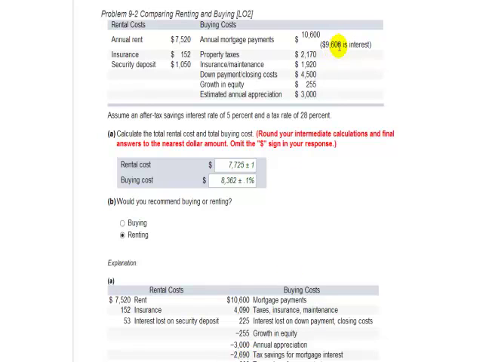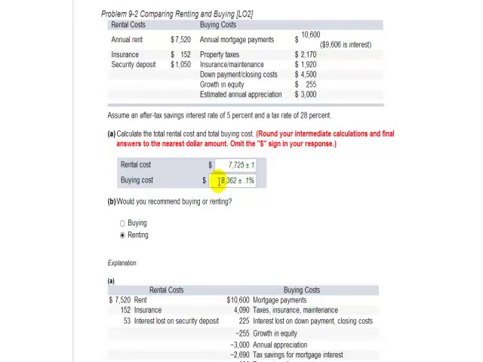That is 28% times $96.06, and we're also going to have tax savings on the property taxes that we had to pay, which were $21.70 times 28%, or $6.08. So the cost of buying, after you figure all these things in, is going to be $83.62.